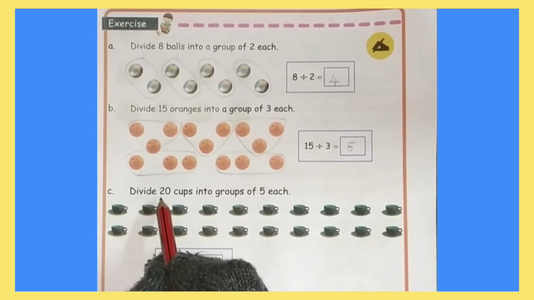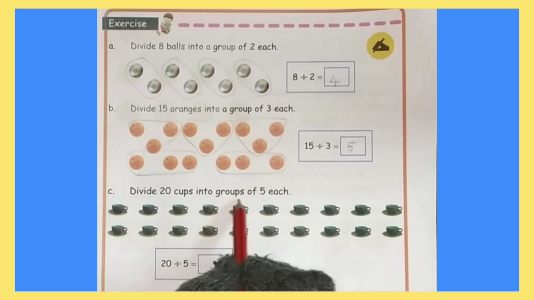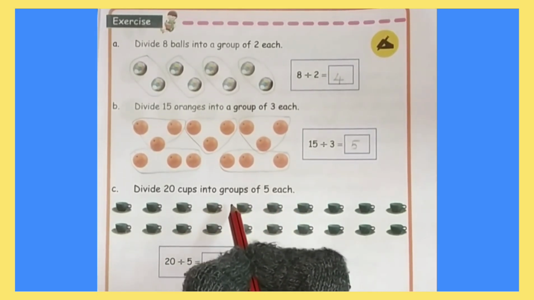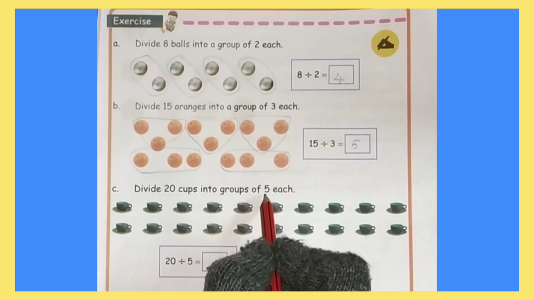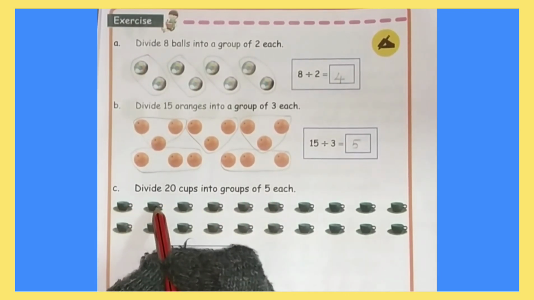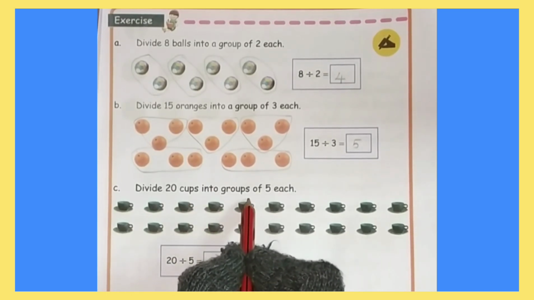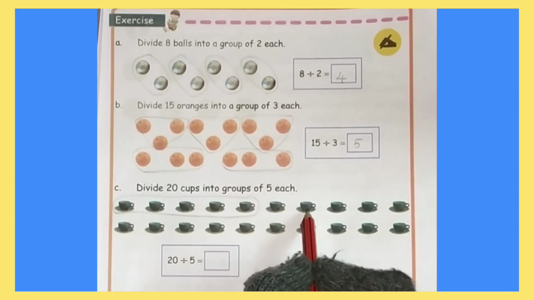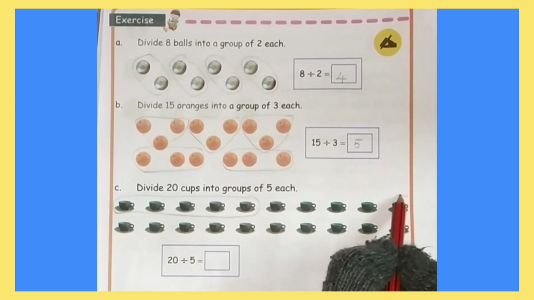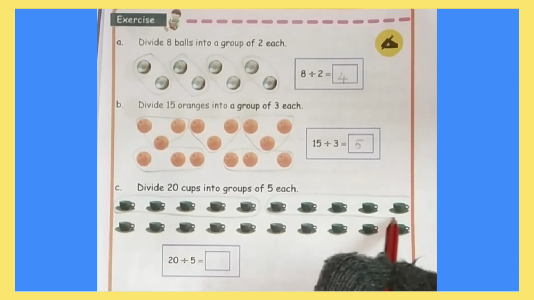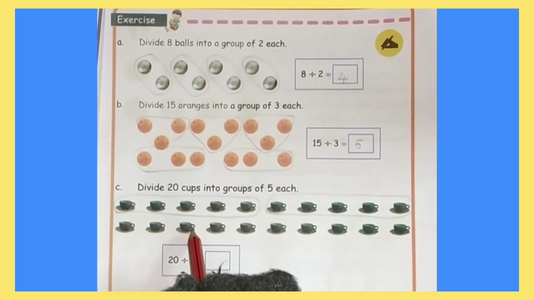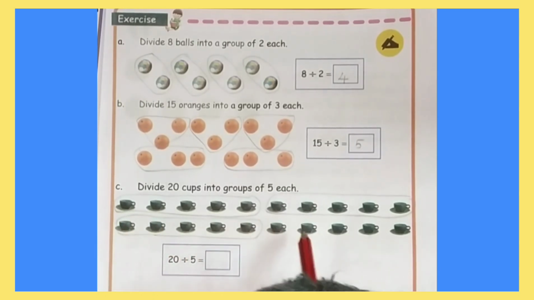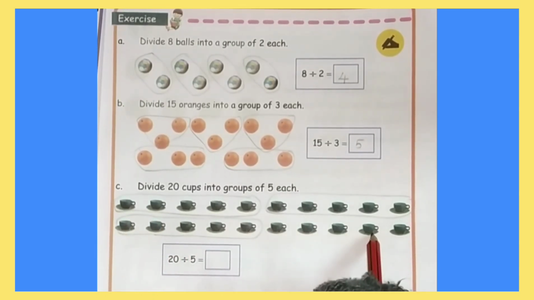Next, divide 20 cups into groups of 5 each. Let's arrange these cups in a group of 5. 1, 2, 3, 4, 5. 1, 2, 3, 4, 5. 1, 2, 3, 4, 5. 1, 2, 3, 4, 5.